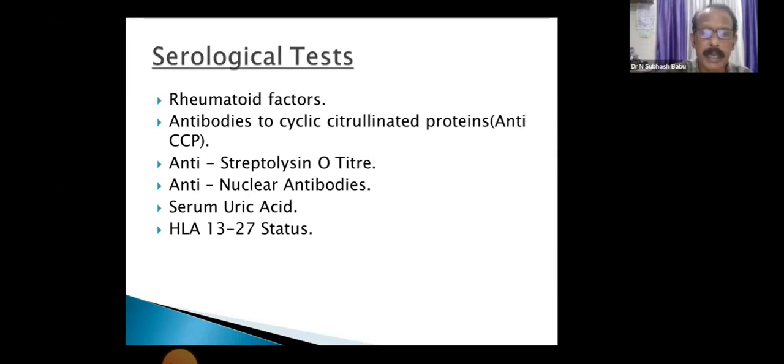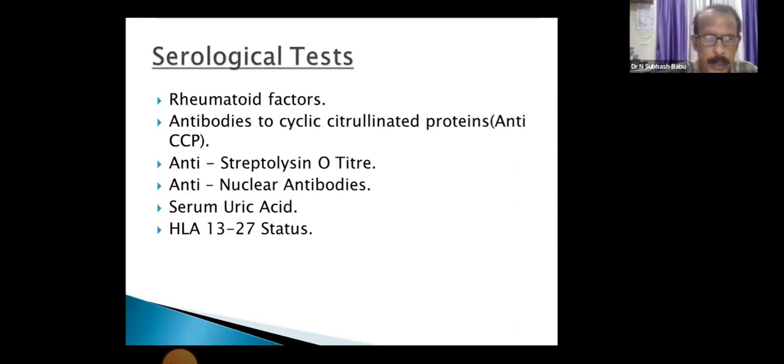So these three conditions can be diagnosed very clearly on the basis of anti-nuclear antibody positivity and the categories: SLE, scleroderma or systemic sclerosis, and Sjogren syndrome.